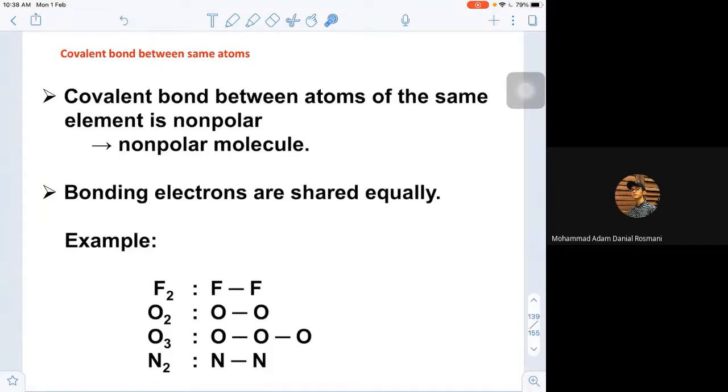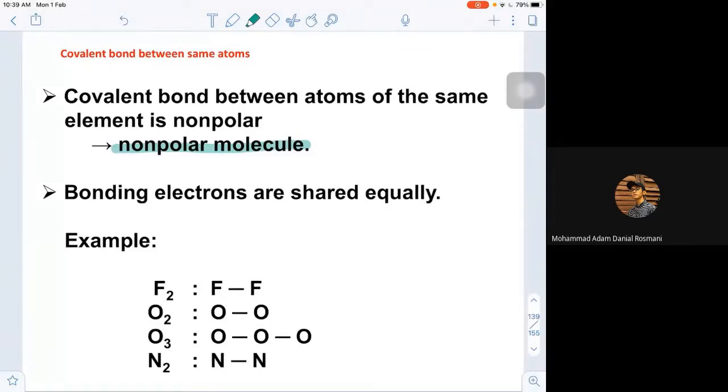It means that the bonding electrons, the electrons that they share, are shared equally. The electron distribution is balanced, and it will make the molecule non-polar. If the bonds are all non-polar, the molecule will always be non-polar. If we have non-polar bonds, the molecule will never be polar.